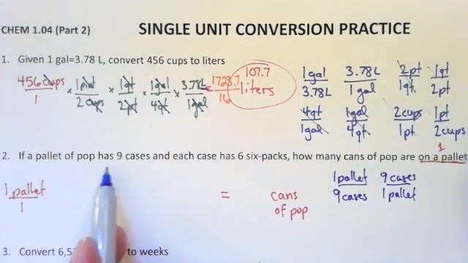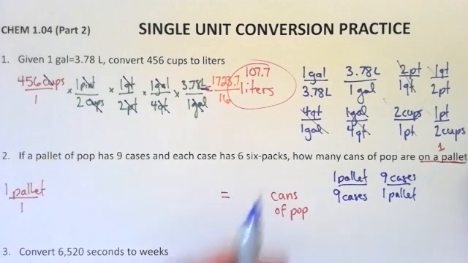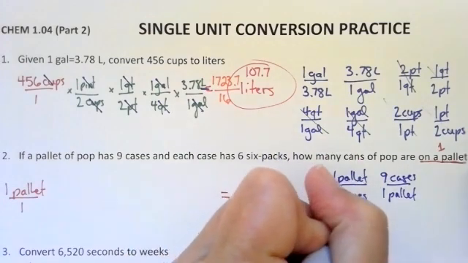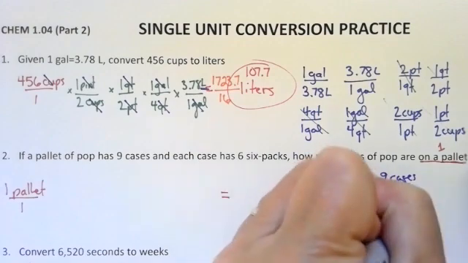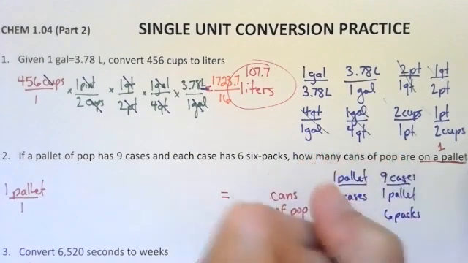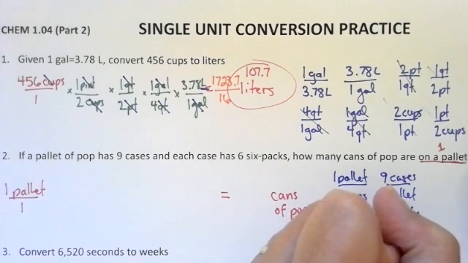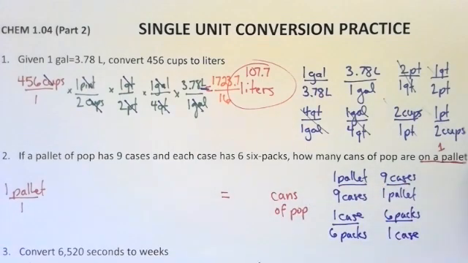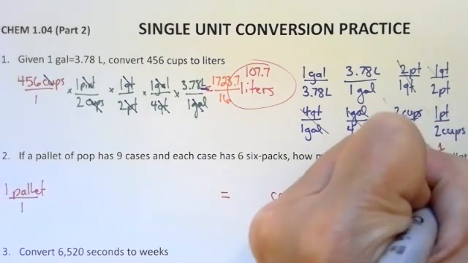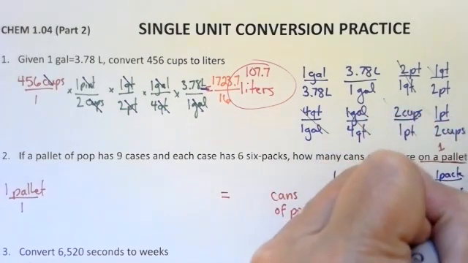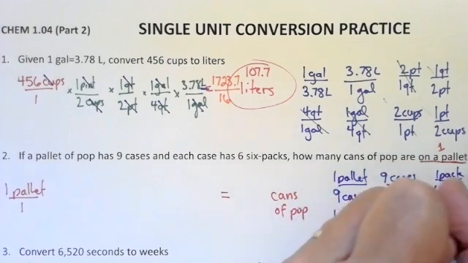I have that a case has 6 6-packs. We'll just say packs, or 6 packs in 1 case. And you know how many cans of pop are in a 6-pack. So 1 pack has 6 cans, 6 cans in 1 pack.